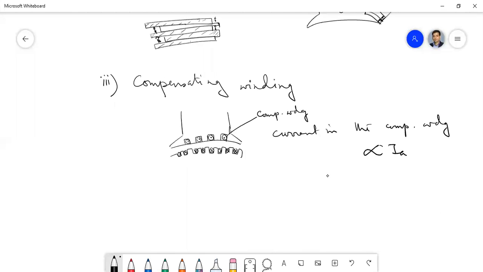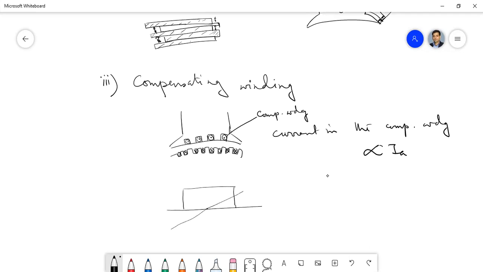Anybody? Because this compensating winding is producing a flux which will neutralize the effect of the armature flux. হ্যাঁ ঠিক আছে, কিন্তু আমি বারবার বলছি যে answer টা ওইভাবে দিও না, don't answer from the flux point of view, try to give the answer from the field point of view. বুঝতে পেরেছো আমি কি বলতে চাইছি? ফিল্ডটাকে নিউট্রালাইজ কর.